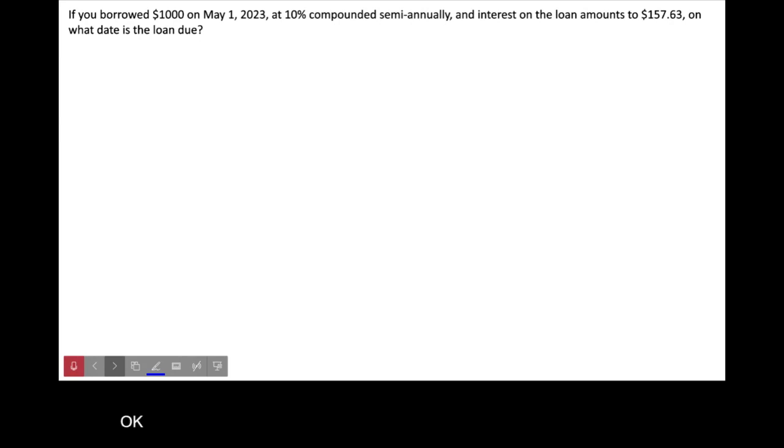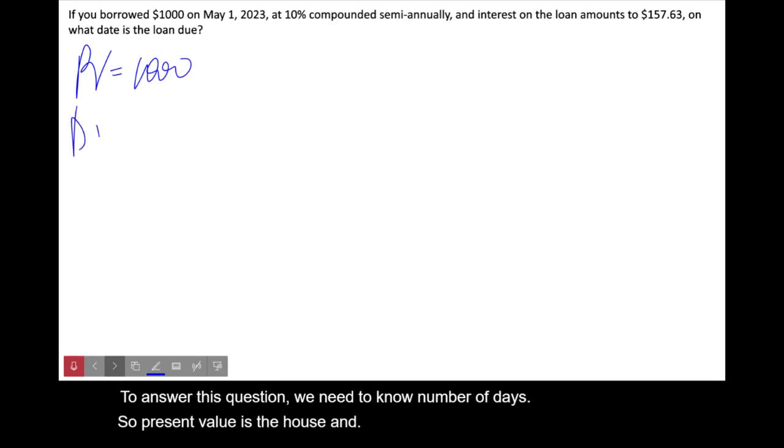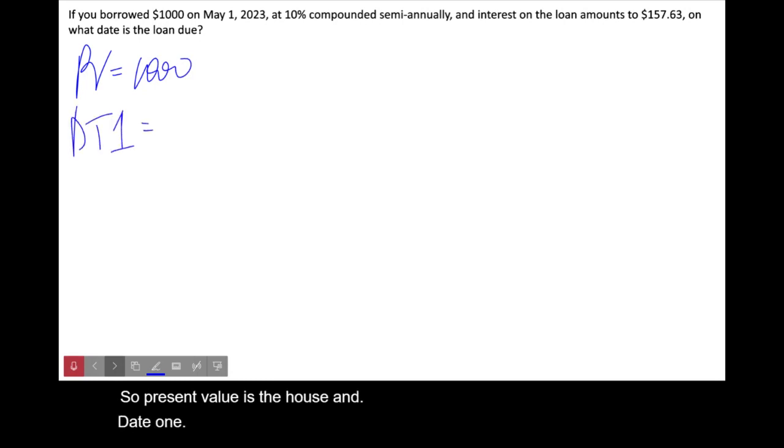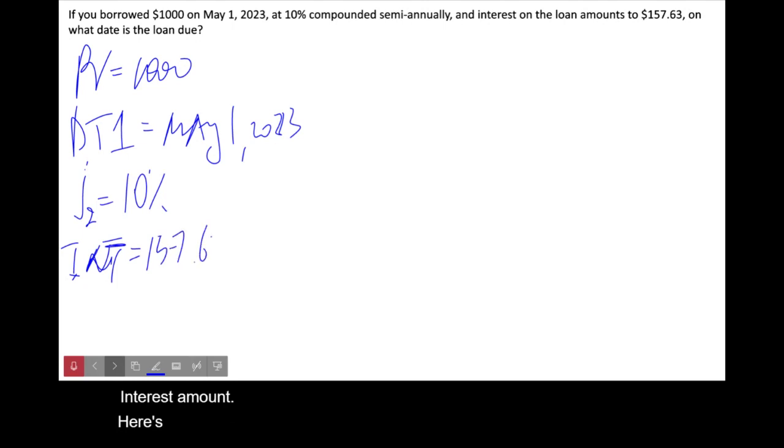Okay, guys, what do we have? To answer this question, we need to know the number of days. Present value is 1,000. Date 1 is May 1, 2023. J2 is 10%. Interest amount is 157.63.